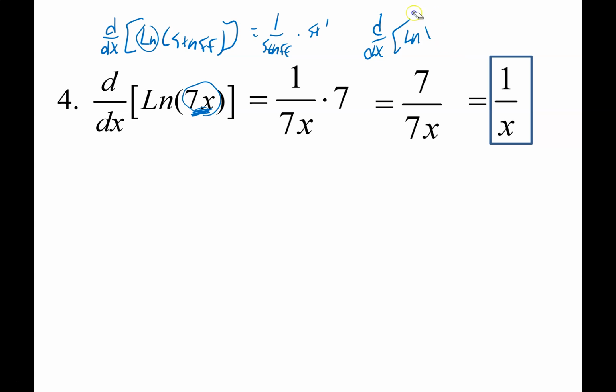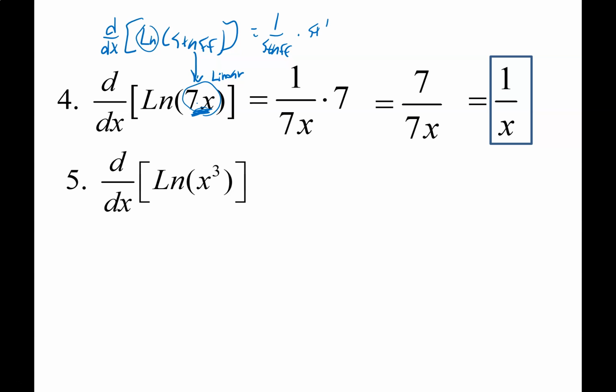This is a certain instance in which it is true, and the only reason it is true is because my stuff here is linear, just a 7x. So ln of 5x is going to be 1 over x, and ln of 2x is like that, but if I take something nonlinear here, I think you're going to notice it's not 1 over x.